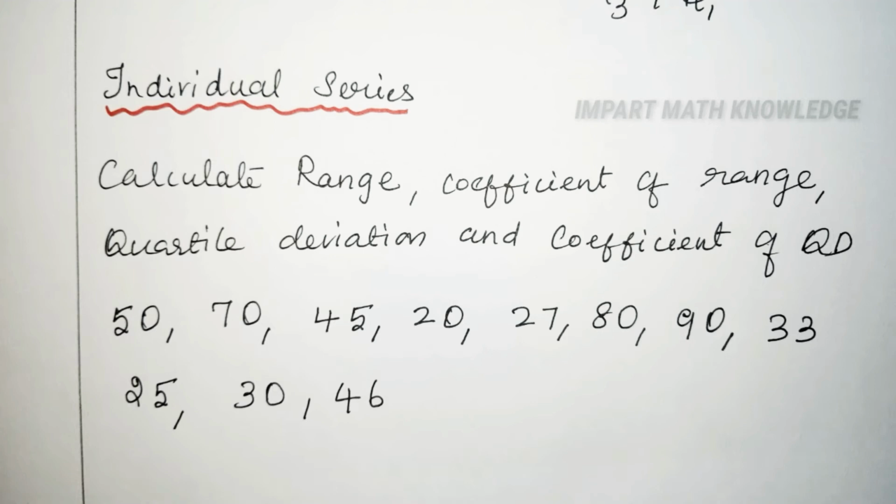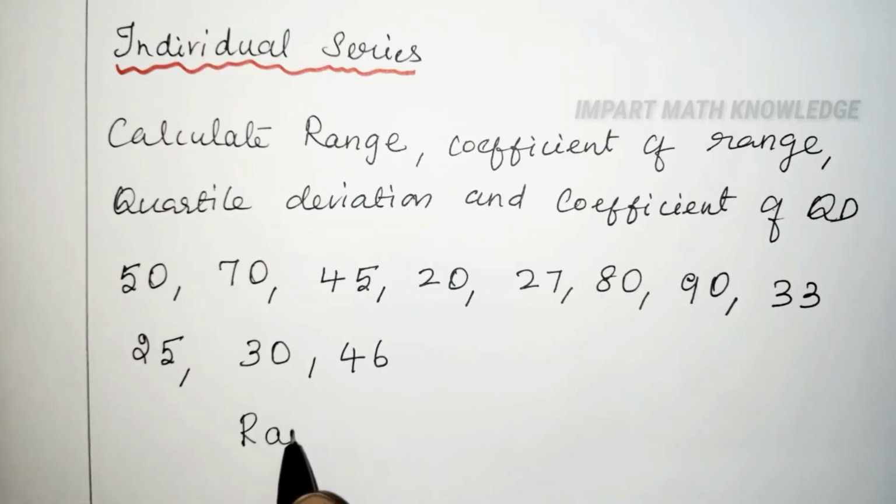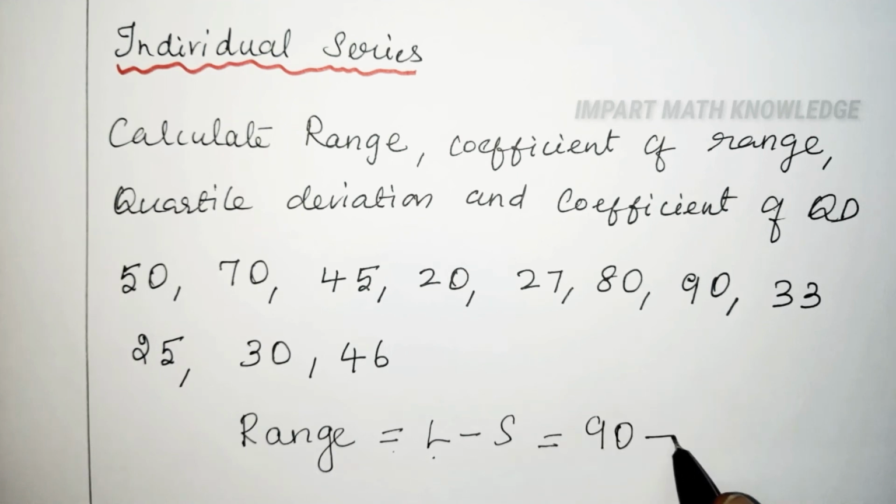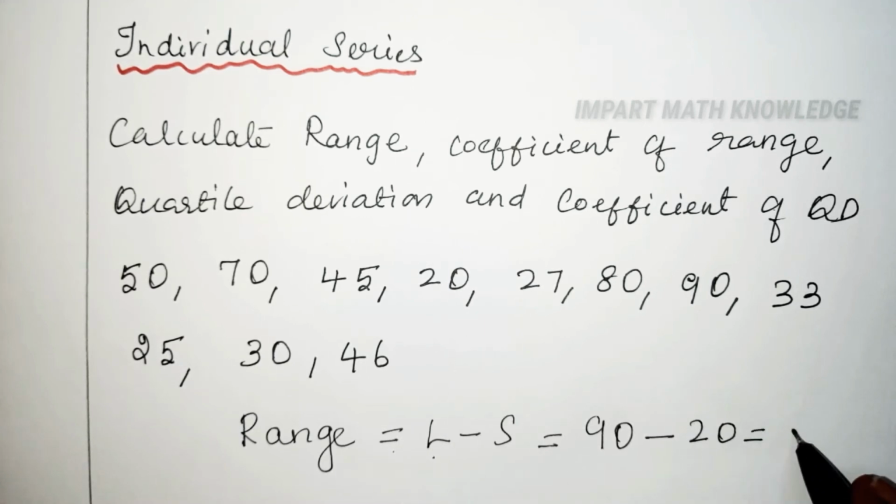The formula for range is L minus S. L is the largest value. Here the largest value is 90. S is the smallest value. Here the smallest value is 20. So 90 minus 20 is 70.